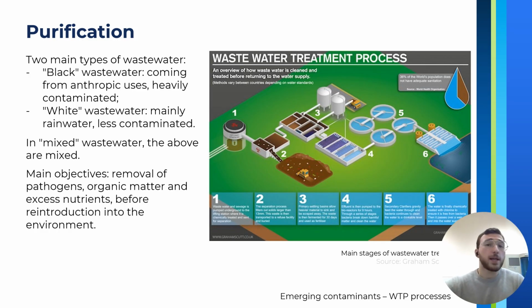On the other hand, we can identify white wastewater, which is mainly of meteoric origin, such as water runoff from roads, and is thus less contaminated. In mixed wastewater, the two above are merged and mixed. The main objective of wastewater treatment is the removal of pathogens, organic matter, excess nutrients, and contaminants, and their return to safe levels before its eventual reintroduction into the environment.